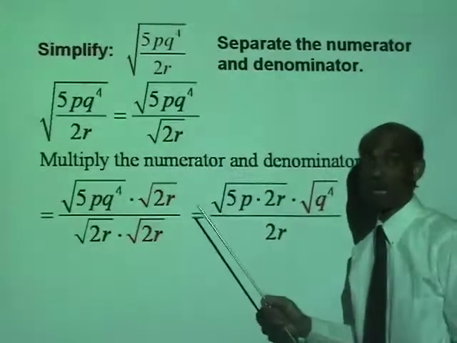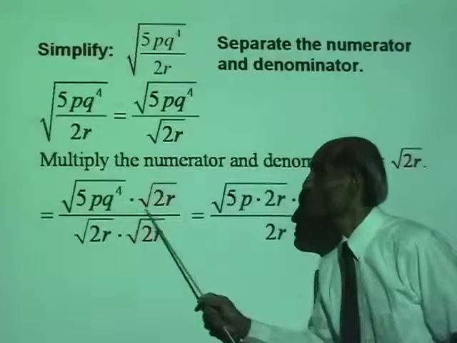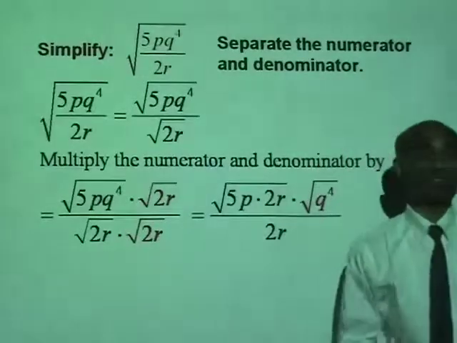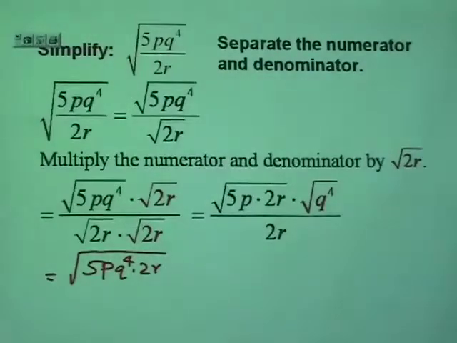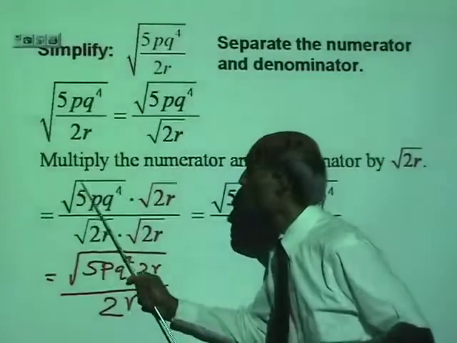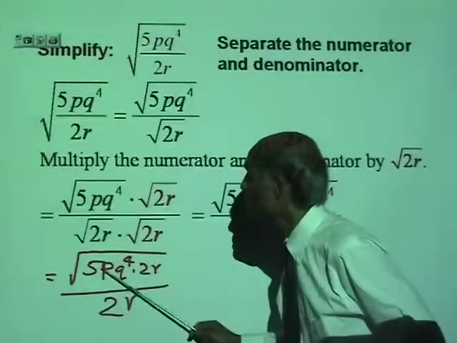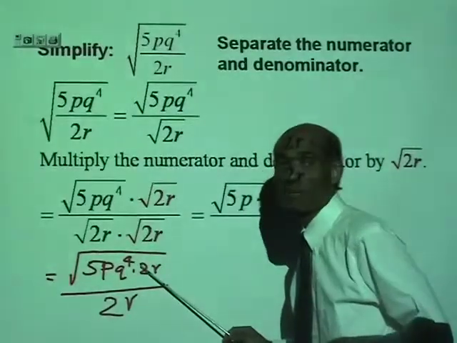Alright, one more time. This numerator can be written as, let me show you that in another step. That numerator I'm going to write as square root of 5p q to the 4 times 2r, and the denominator will be 2r. Is that right? Square root of this quantity times this quantity.